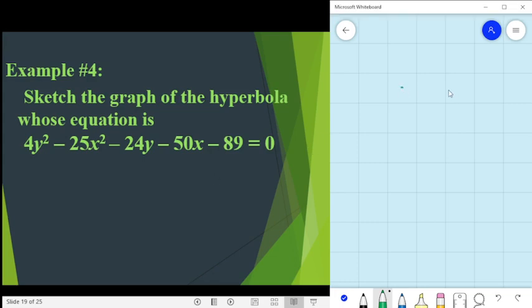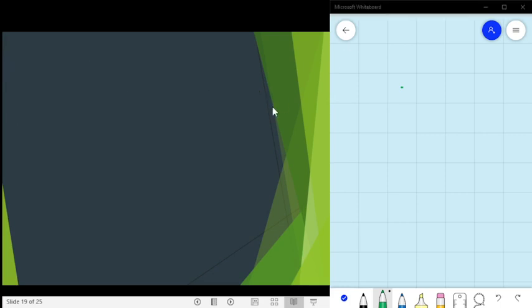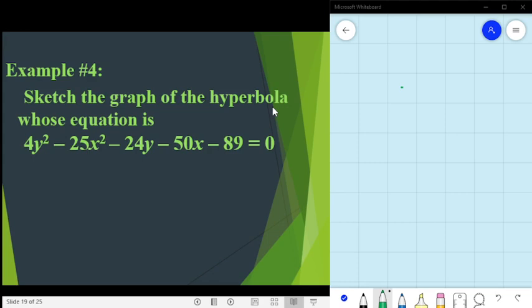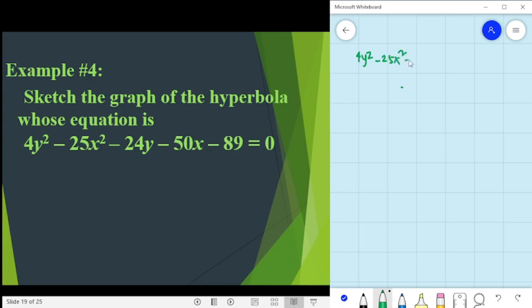Okay, so from here, actually in our illustration we are not to sketch the graph but to write an equation in standard form. So we copy 4y squared minus 25x squared minus 24y minus 50x minus 89 is equal to 0.